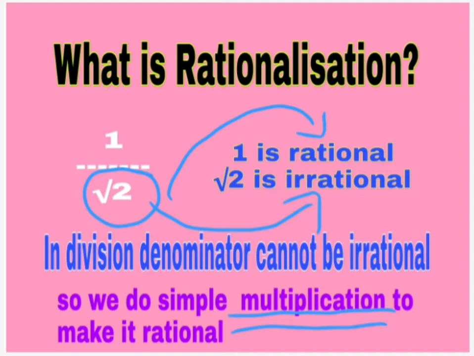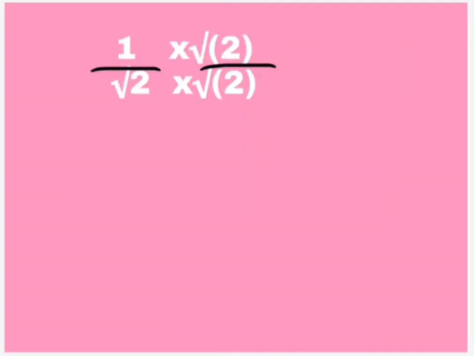So in the multiplication, if you have a monomial irrational number in the denominator, to make it rational, you will multiply that monomial to the numerator and denominator. That is, root 2 is the denominator, so the same root 2 has to be multiplied to numerator and denominator. That is root 2 divided by root 2.